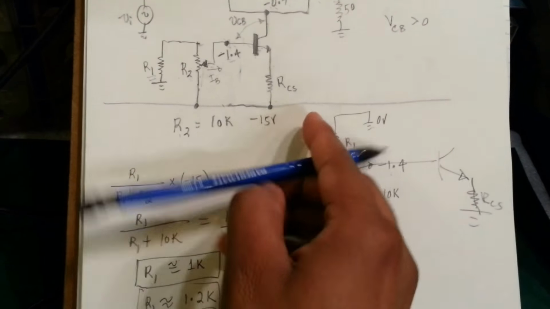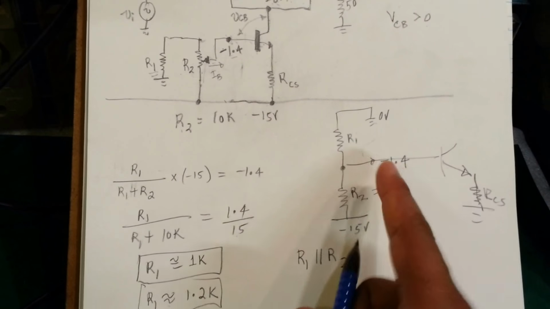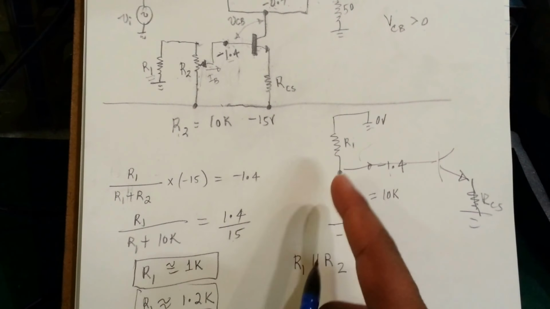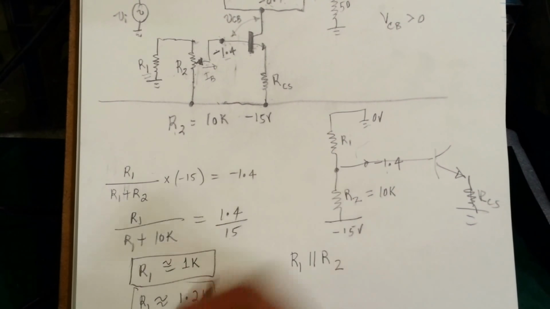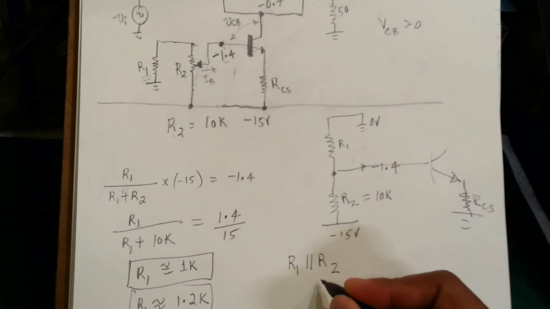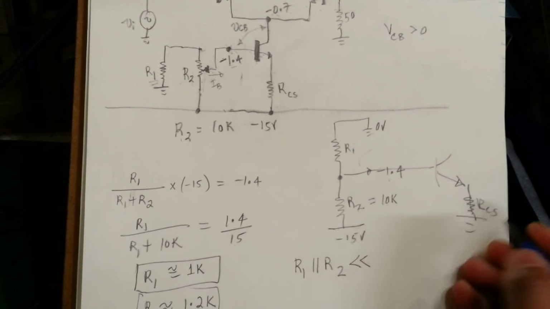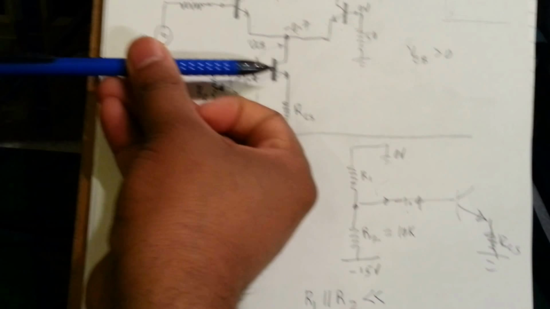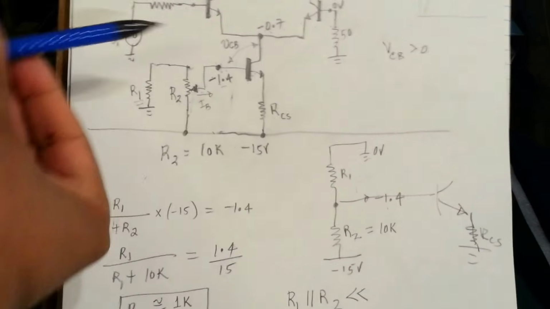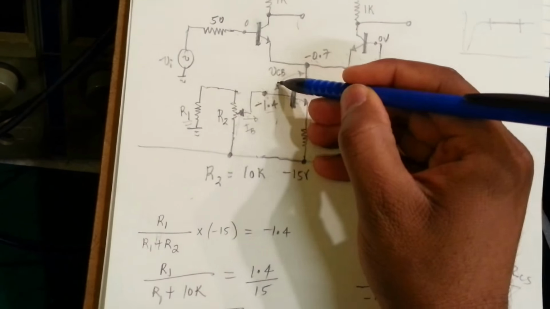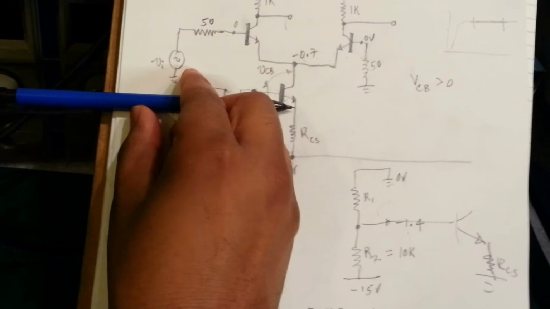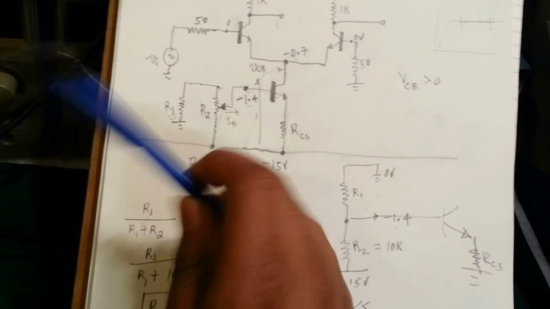So looking into here, the impedance should be a lot greater than the parallel combination of these two, which is the impedance looking into the transistor right here.